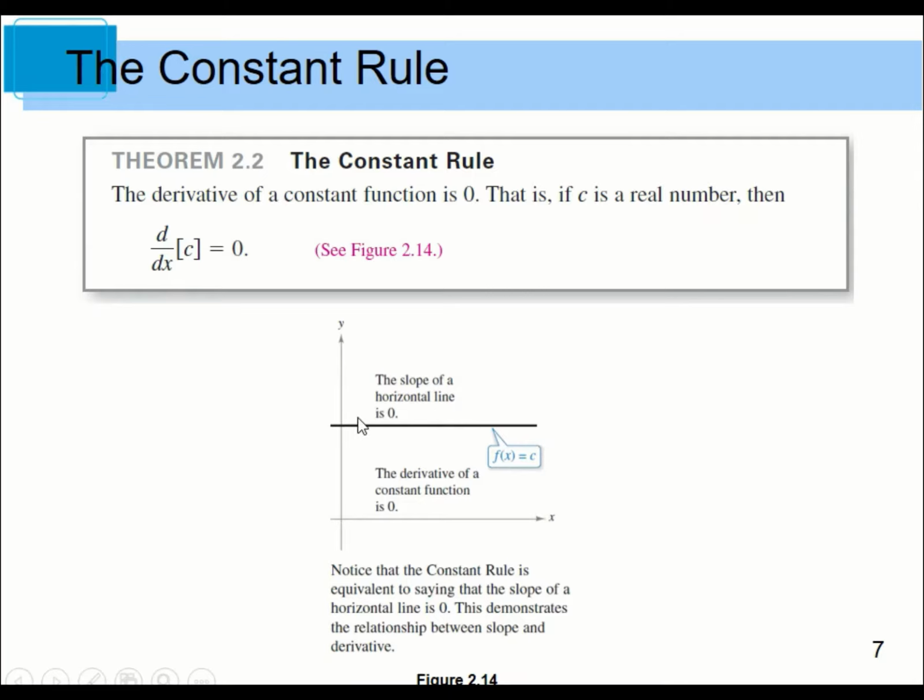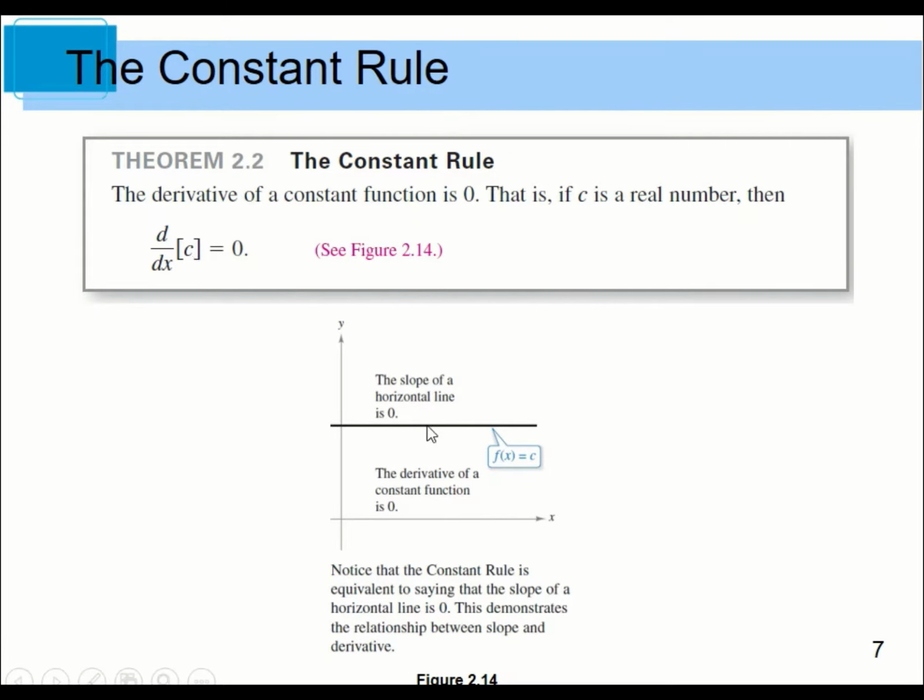So what is the slope of the horizontal line? The slope of the horizontal line is 0. And from the previous discussion, we know that differentiation is actually the slope. Therefore, the differentiation of a constant, which is a horizontal line, is 0.